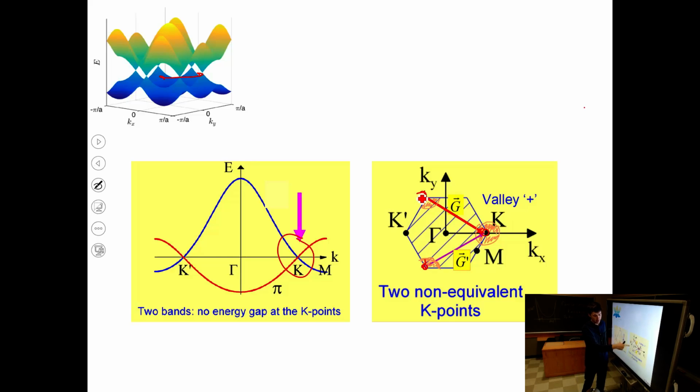And then there are 3 other points, which are called k prime, that you can never reach by going by reciprocal lattice vectors. And that's why these 2 are not equivalent.